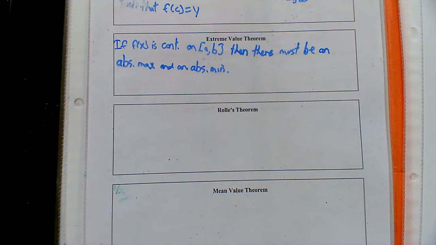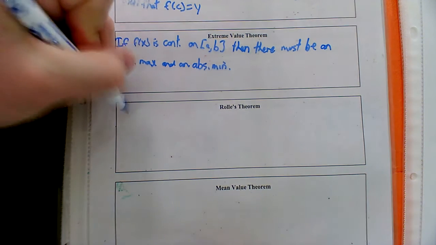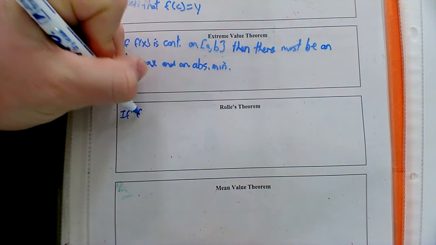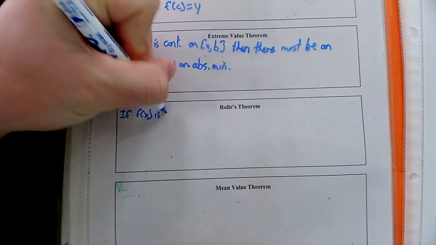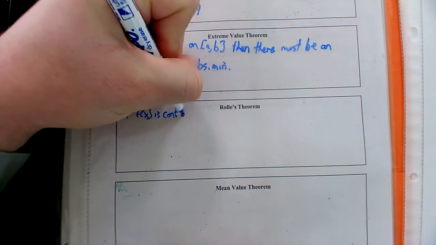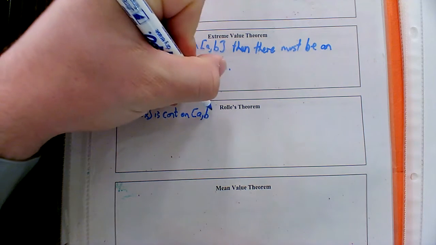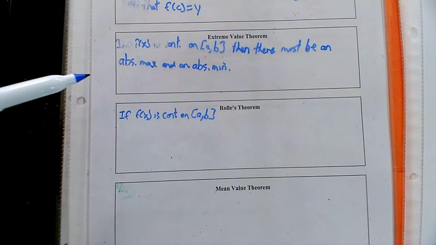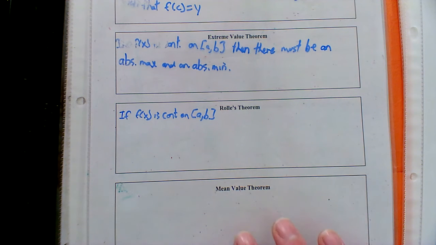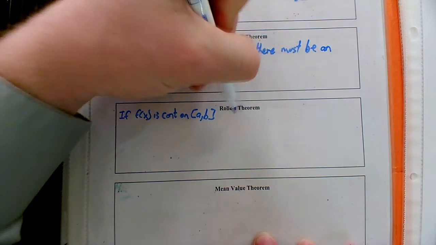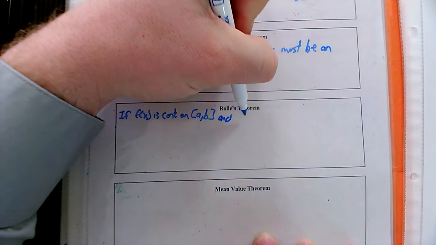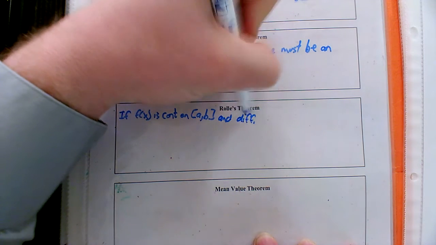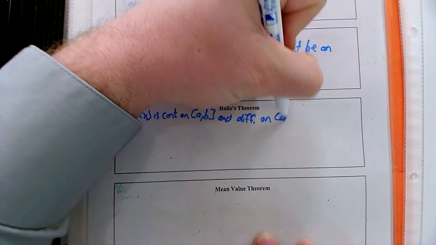It has to be continuous and differentiable. Okay, that's true. That's a big part of it. So if f of x is continuous on the closed interval a to b. So what have we noticed so far about the first three definitions? They've all started the same way. So if f of x is continuous on the closed interval a to b, this one is then also differentiable on the open interval a to b.